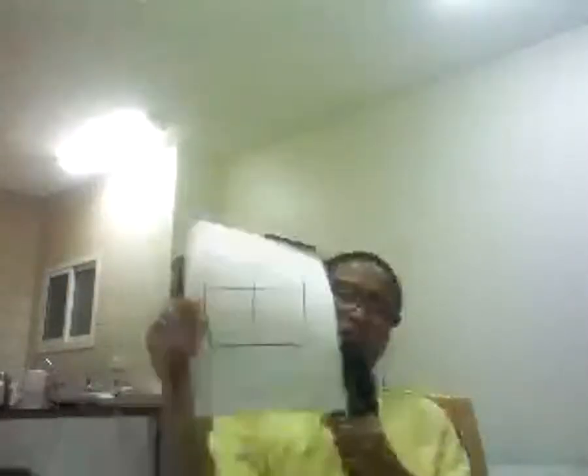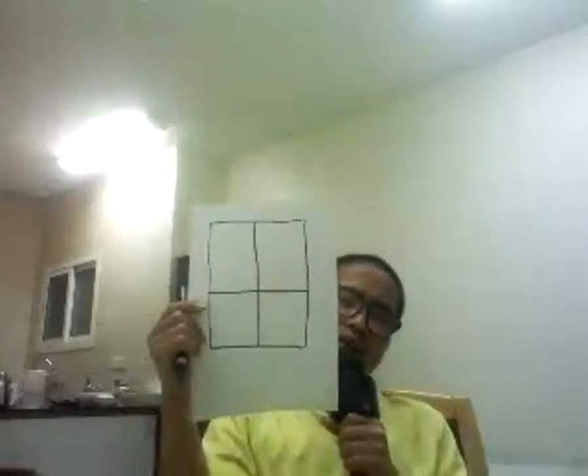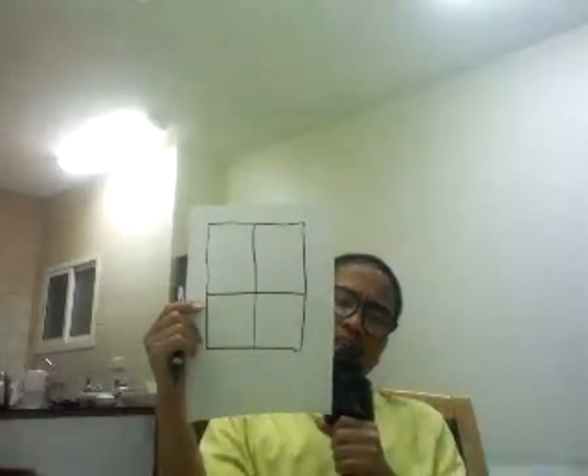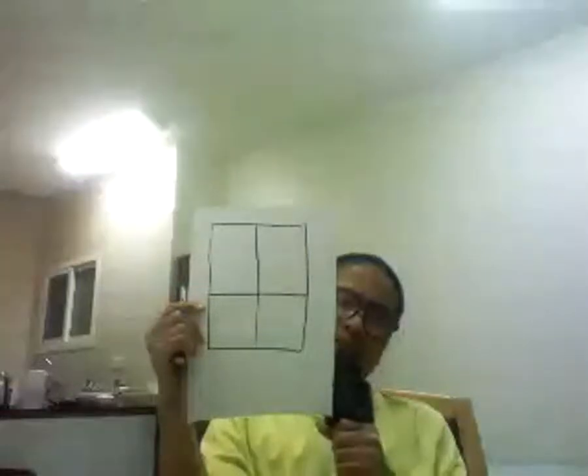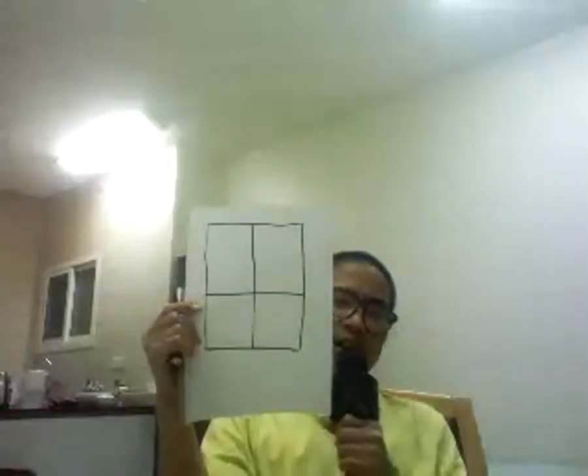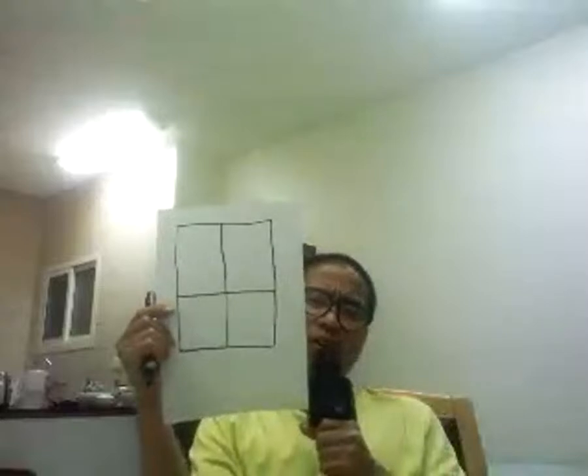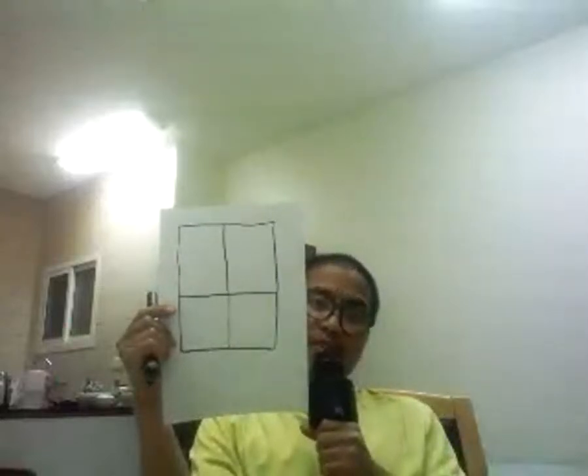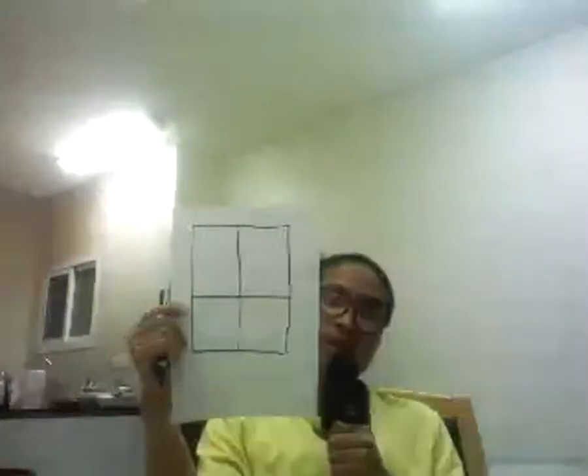Okay, let's do four squares, and let's label the squares. And then we should correlate the relationship between the enthalpy and the entropy. So let's start with a lesser enthalpy, so delta H is less than zero.